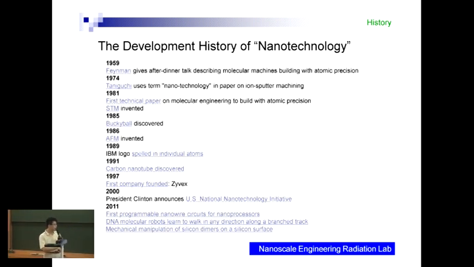And in 2011, we have some other progresses here. So if you are interested, you can look into more detail about the development history of nanotechnology. But what I want to emphasize here is that it is a global trend to put emphasis, funding, and resources on nanoscience and nanotechnology.